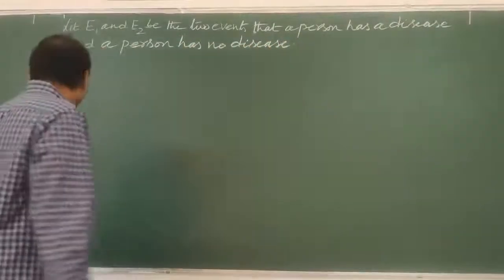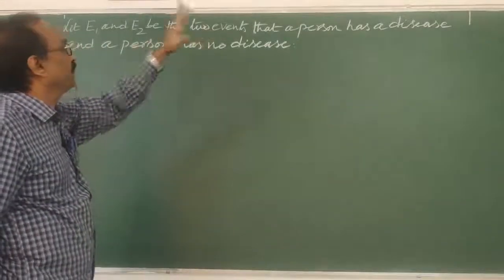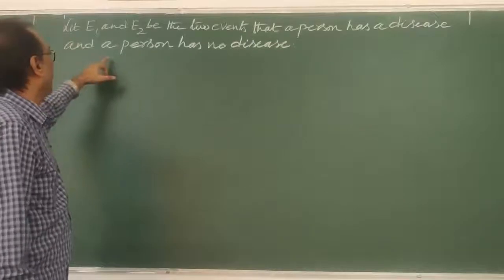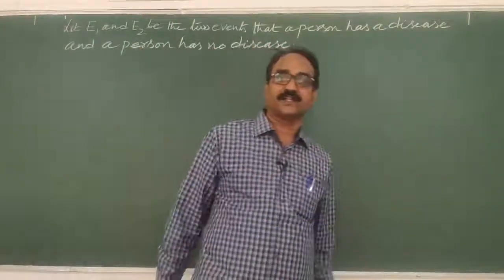So events are divided into two parts. E1 and E2 be the events that a person has a disease and a person has no disease. No disease means healthy. So two events are given in that sample space.